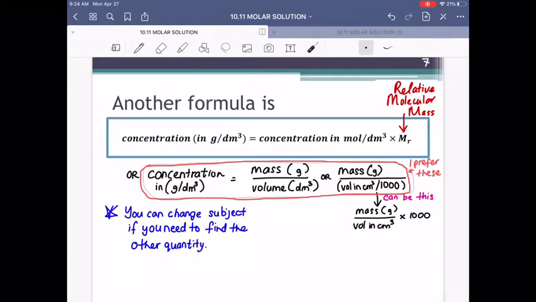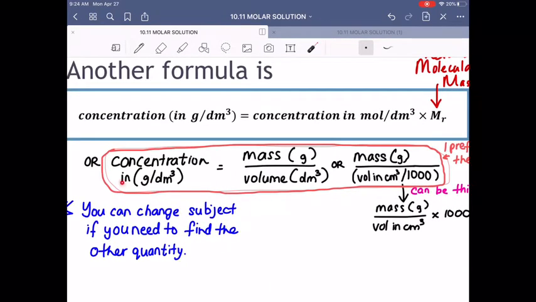Another formula you need to know is concentration, the unit is gram per dm cube, is equal to concentration in mole per dm cube times Mr. Mr is your relative molecular mass. Otherwise, your concentration in gram per dm cube is also known as mass divided by volume in dm cube.